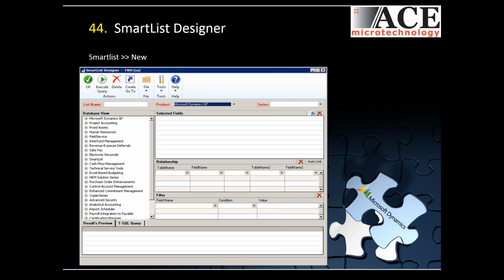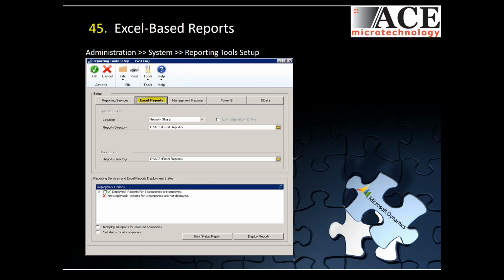The names are not SQL names, they're more friendly names that you can pick and choose to create custom smart lists that maybe cross tables or even cross modules. So with some practice and some training, you can be doing this yourself and creating some really great reports that are already filtered or even have some calculations in them.